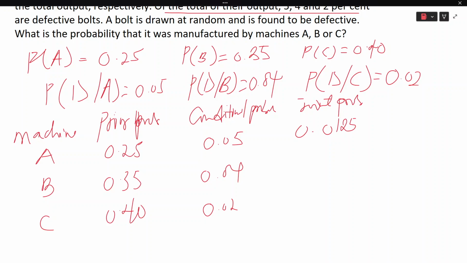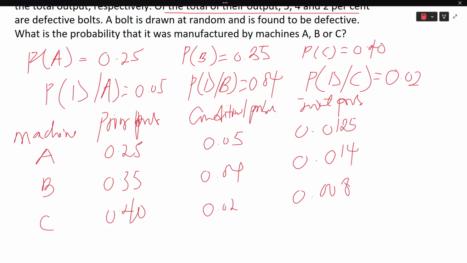For the second one, 0.35 times 0.04 is 0.014. And for the third, machine C, 0.4 times 0.02 is 0.008.